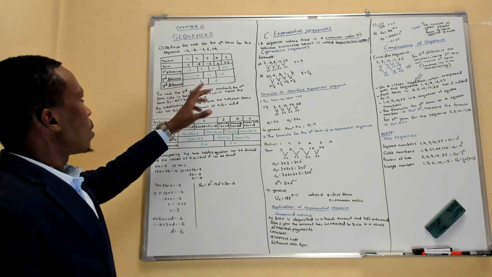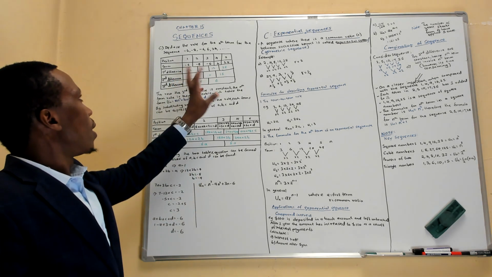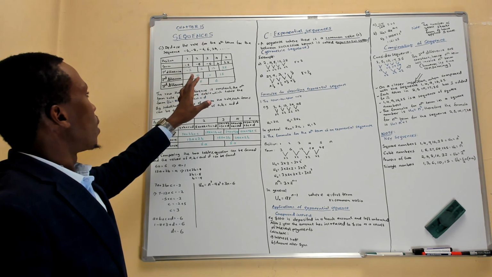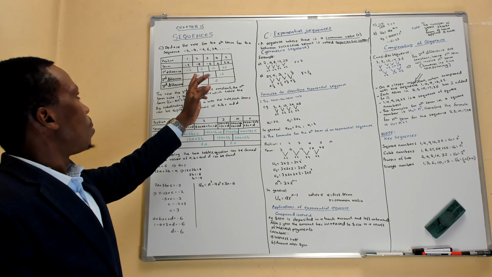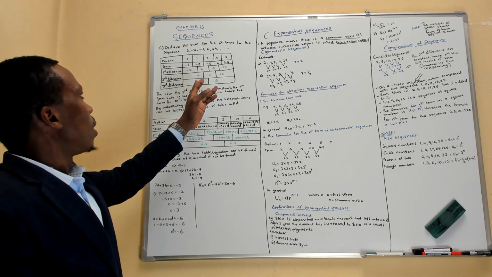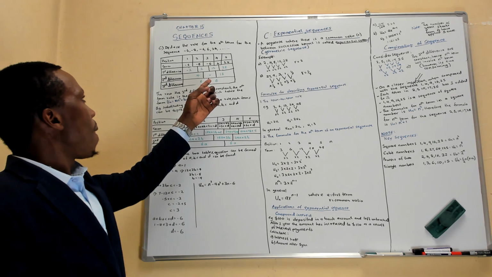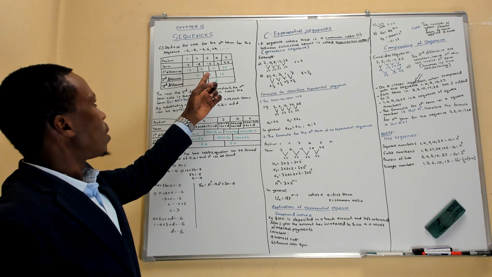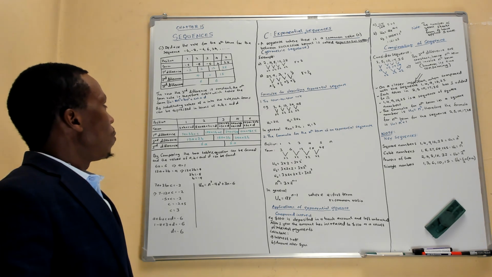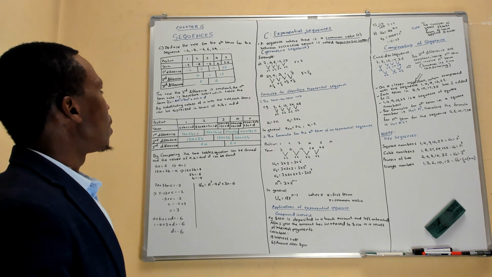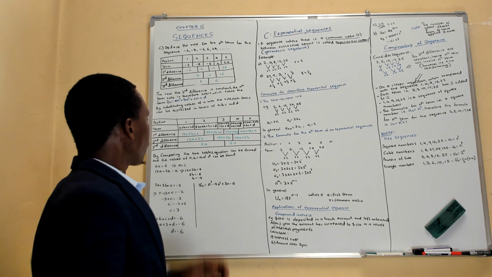The first difference: between negative 6 and negative 8 we get negative 2, then the difference between negative 8 and negative 6 is positive 2, then between negative 6 and 6 is 12, then between 6 and 34 is 28.